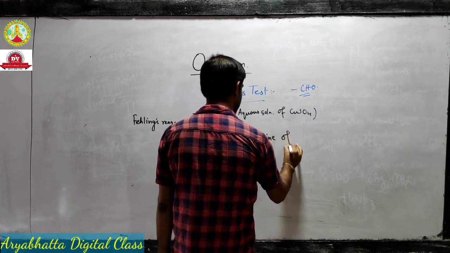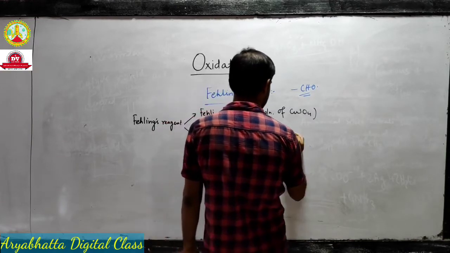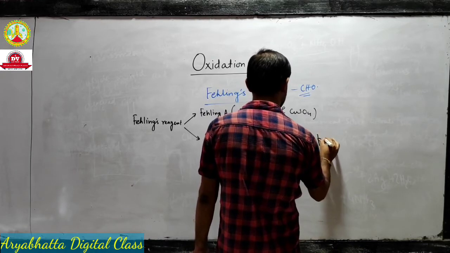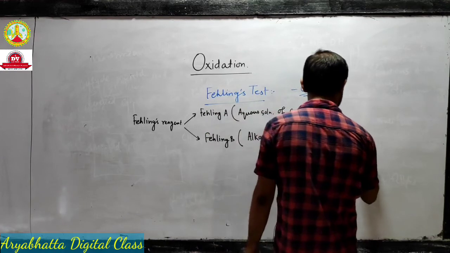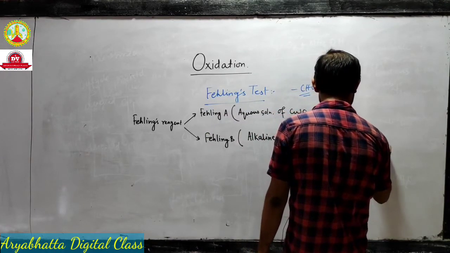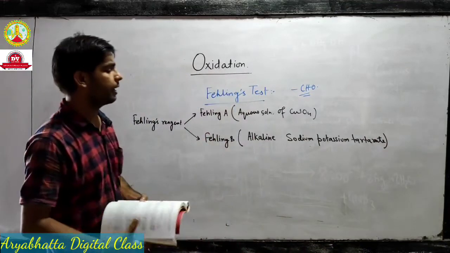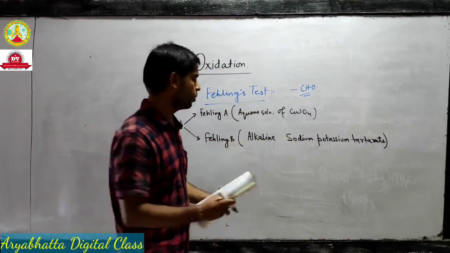Fehling B is an alkaline solution of sodium potassium tartarate, which is also called Rochelle salt.